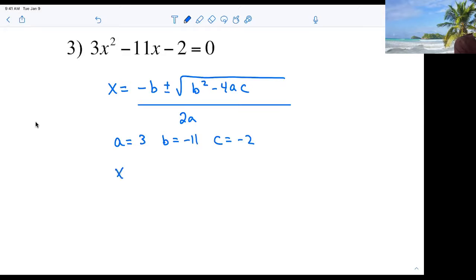So now X equals. Now, do I have to write -11 again? No, we just write what? 11. Thank you. Very good. 11 plus or minus square root. Now, who can tell me what -11 squared is? Wow, 121.